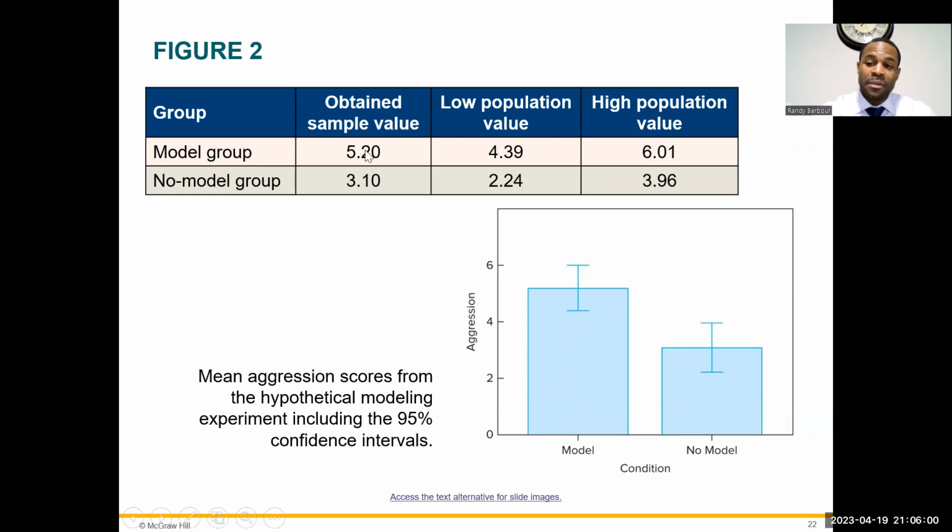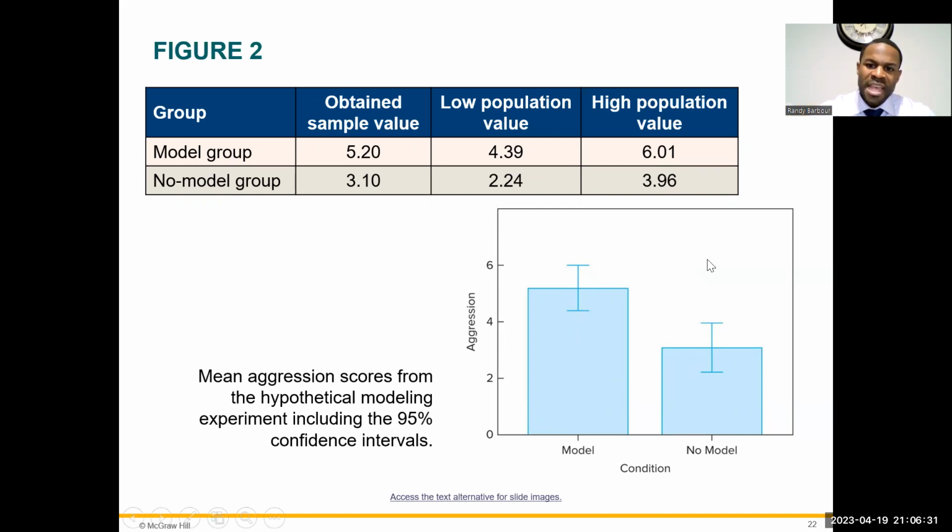But I'm 95% confident that the population mean for the model group, those who are looking at an aggressive model, is going to fall somewhere between 4.39 and 6.01, and between 2.24 and 3.96 for the no model group, right? So there's 5% where I'm just not that confident, but I'm 95% confident that it's going to fall within these ranges, okay?